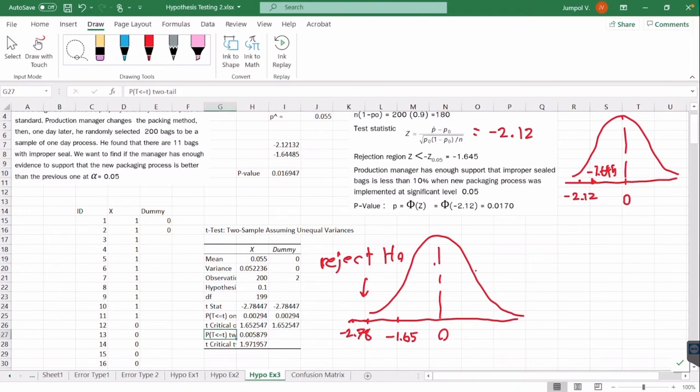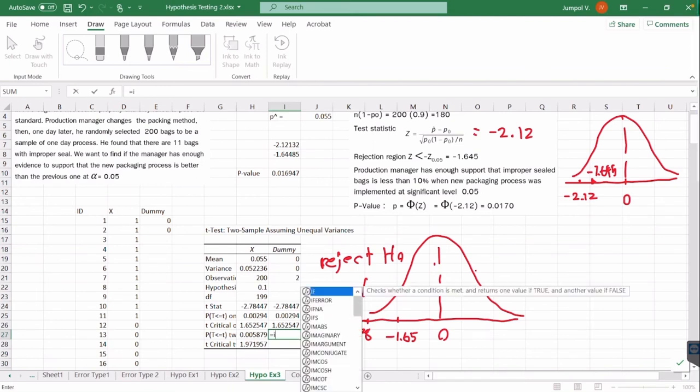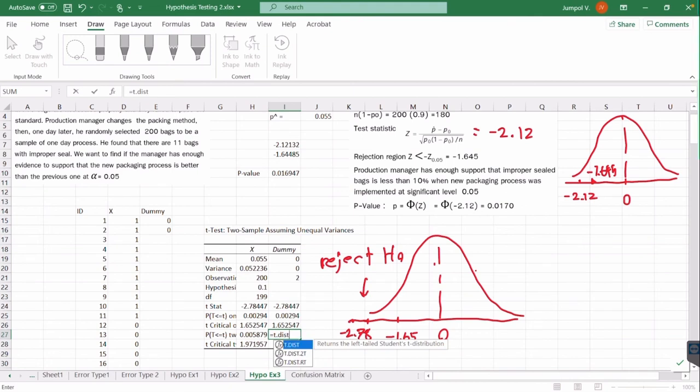In the case of a two-tailed test, we just need to use T.DIST.2T, and then x is going to be the absolute value of the test statistic.